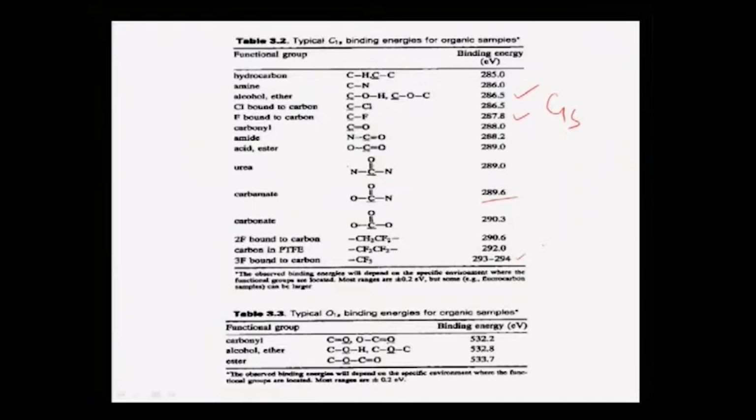This is a very generic table which is available in the literature. Most values are actually plus or minus 0.2 electron volt.